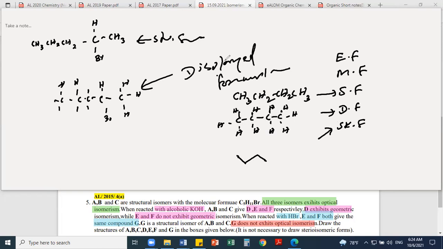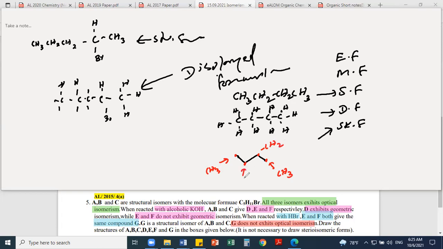This is the skeletal formula. At each corner you have a carbon. Here one carbon, here one carbon, here one carbon, here one carbon, like that. That means at these two corners you have a CH3 group, and the other two have the CH2 group.